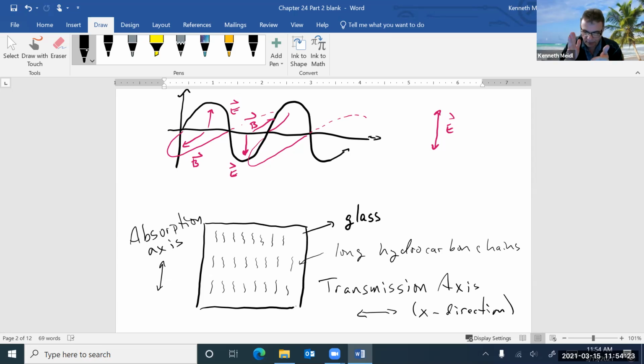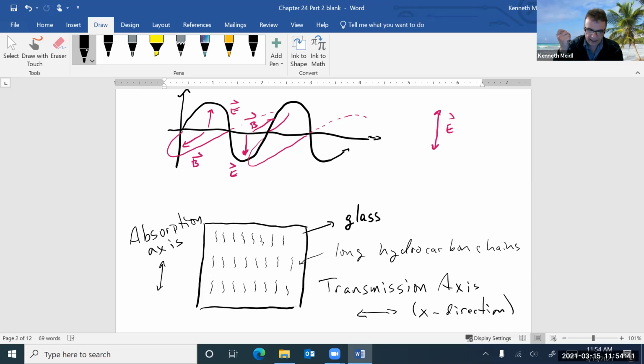So the only electric field that is left standing on the backside of the glass are the X components. And if you figure unpolarized light, which has any sort of orientation that you can imagine, what you're doing is taking out one of the components.